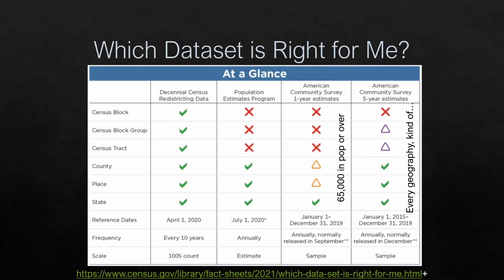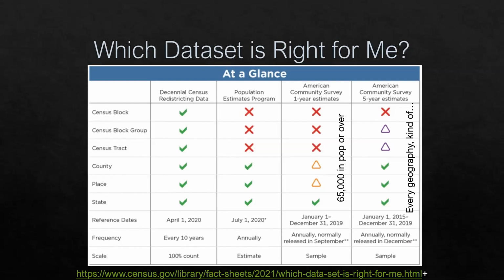Okay. So I have on here for the 5-year every geography, kind of. And the reason I say that, and I'm going to show some of this in the hands-on demonstration, but you could have a population of 1,000 for a town, and you can have a margin of error that's maybe 500. So that means that your estimate for that particular town is 500 to 1,500, not very specific.